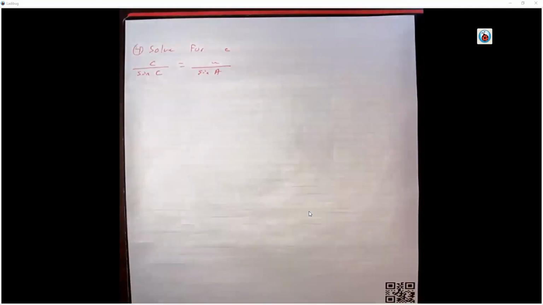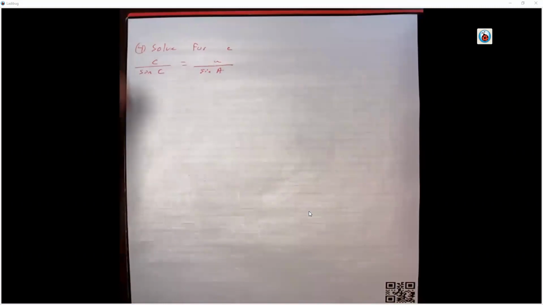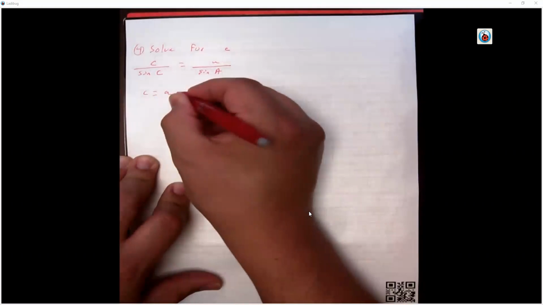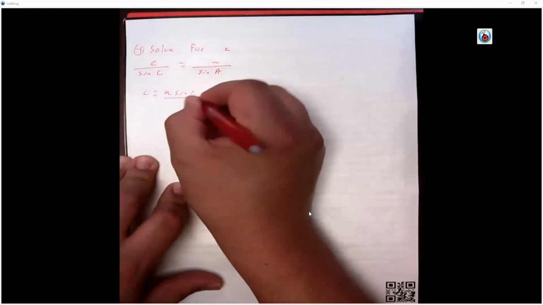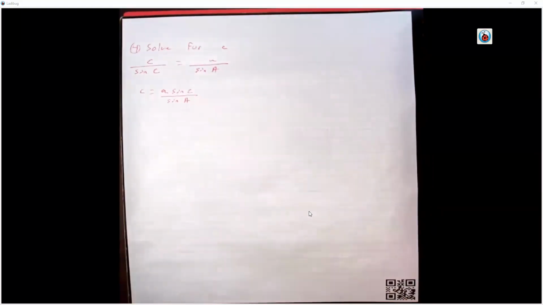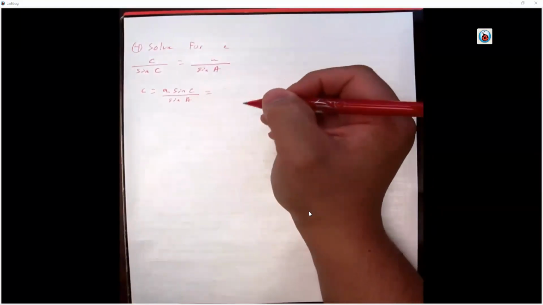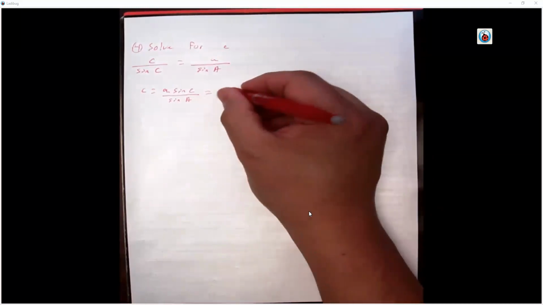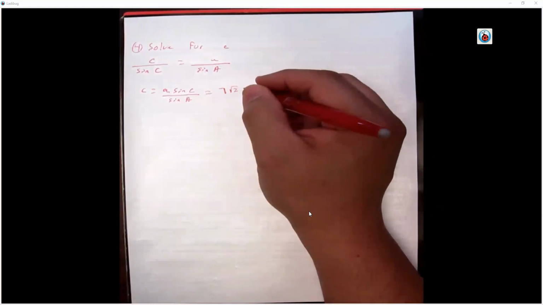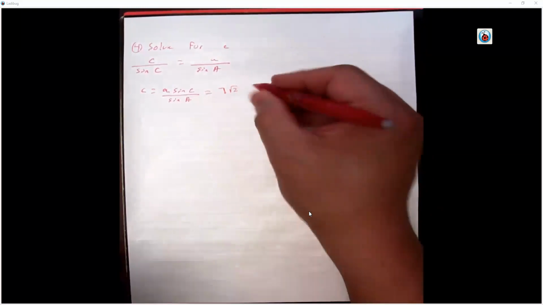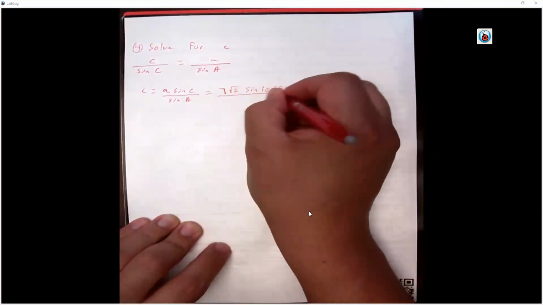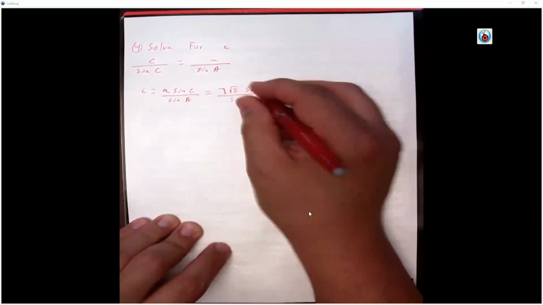Multiply both sides by sine C to isolate little c. Little c will be equal to a sine C over sine A. Plug in all your numbers: 7√2 times sine C, which is 105, over sine A, which is 45.